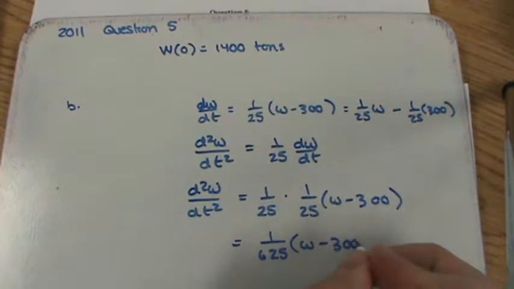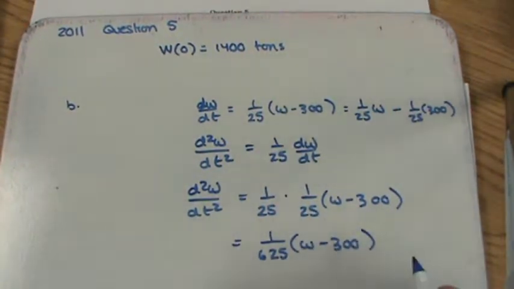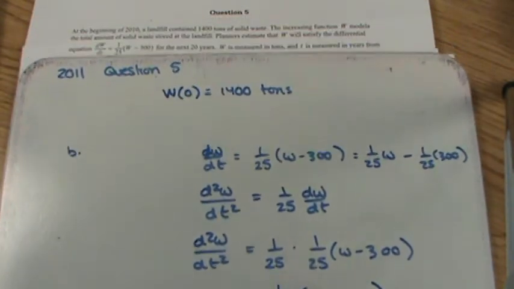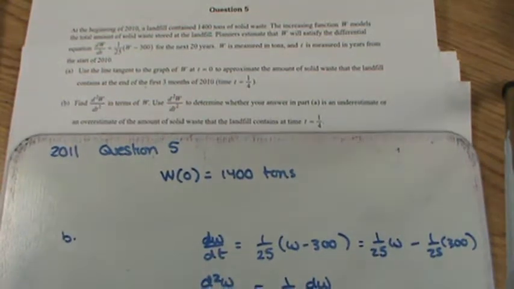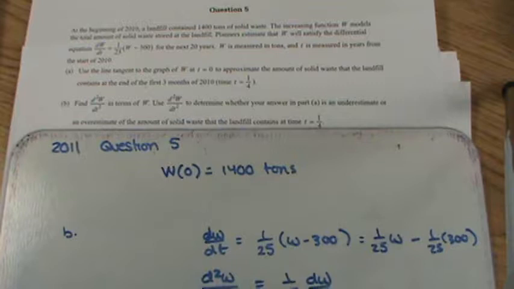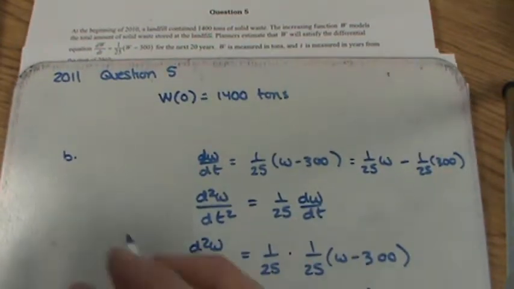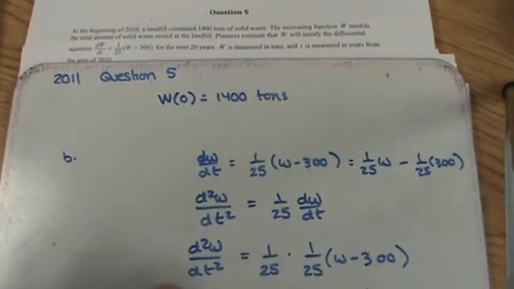All right, well, they want us to figure out if this is an underestimate or an overestimate using the second derivative. Remember, second derivatives tell us about concavity. So this wants to know at t equals 1/4. Well, at t equals 0, W is 1400.